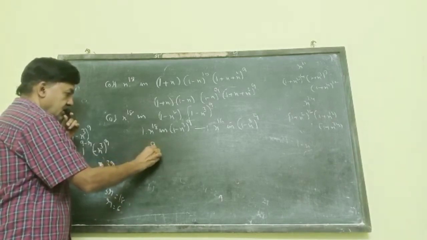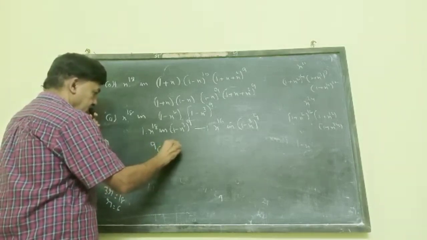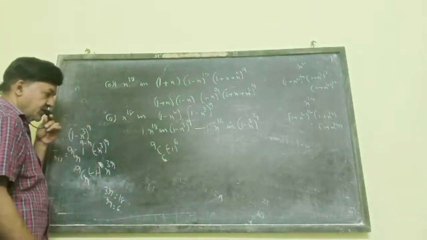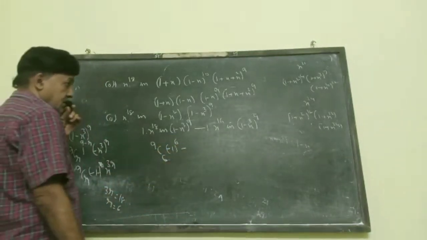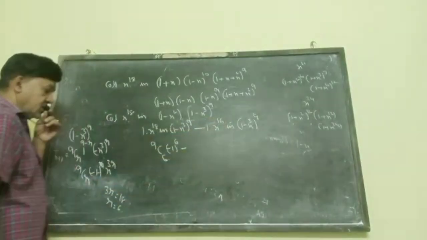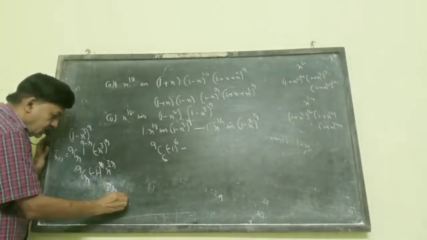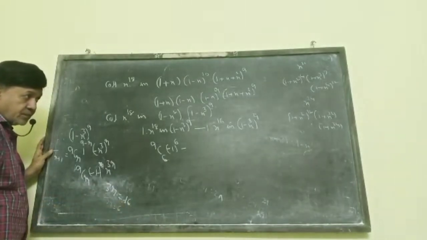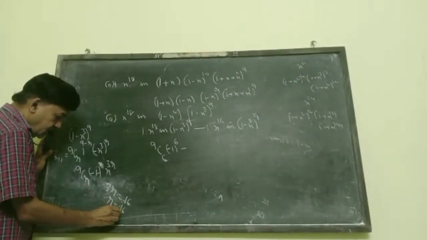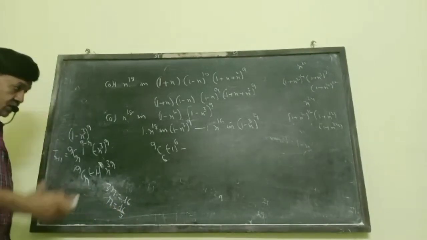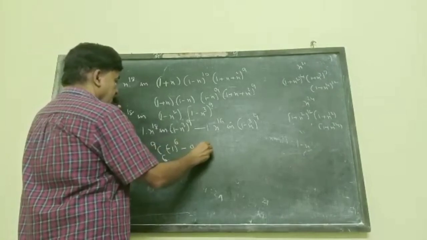So you will get 9C6 (-1)^6, minus, you require the x^16 coefficient, so 3r = 16, r = 16/3 does not exist, so this is 0.